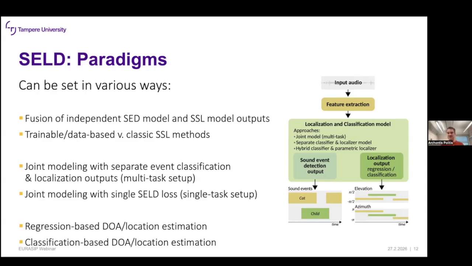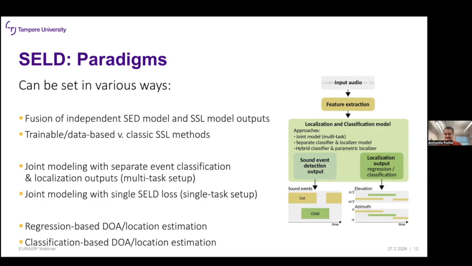That can be seen as a multitask setup from a machine learning point of view. Or if you have a suitable representation that represents both localization and detection at the output, then you optimize for that directly, and that would be a single-task setup of the problem.